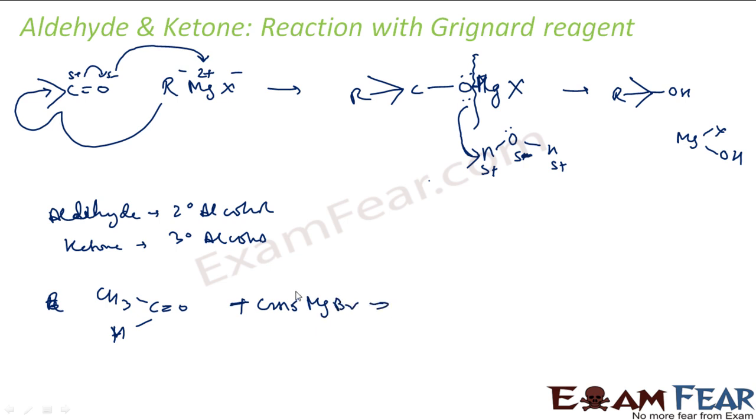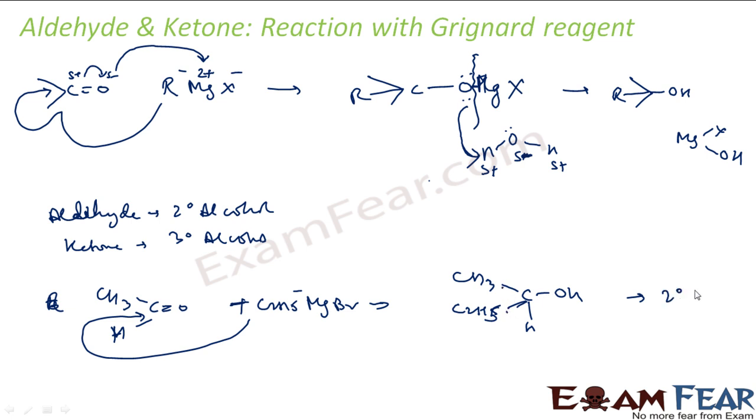What will happen is the C2H5 will attack this carbon, and this MgBr will go and you get OH here, right? So what I will get is CH3, C2H5, H, and this becomes OH. This is what I'll get. And this, if you see, is my 2-degree alcohol.